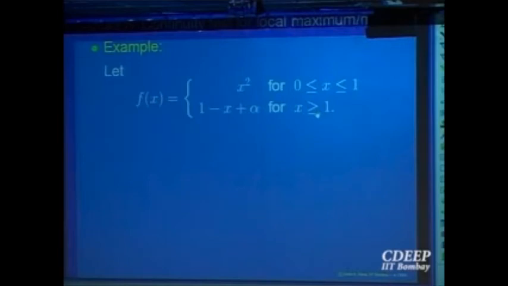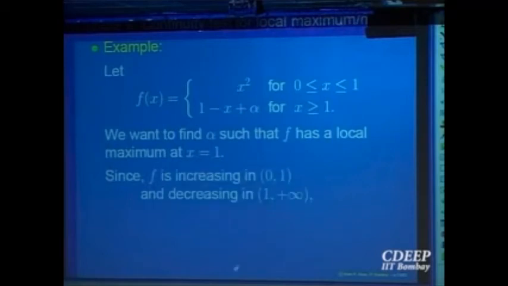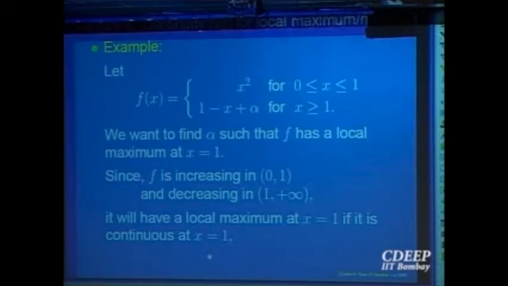What about on the right? If I want to apply the continuity test, what condition should I apply? It should be continuous. For continuity, I know the value of alpha. So that is a simple example. By the first derivative test, I can say it will have a local maximum at the point x equal to 1, provided alpha is equal to 1.